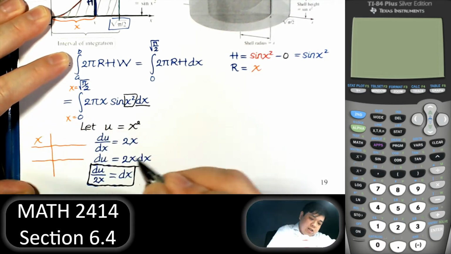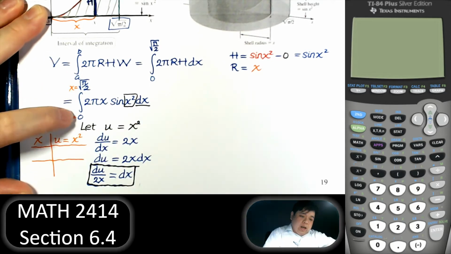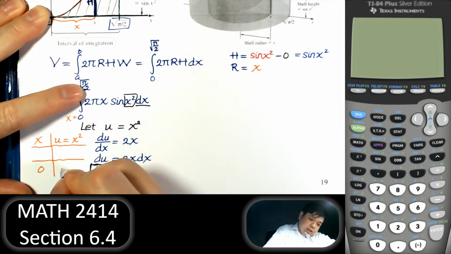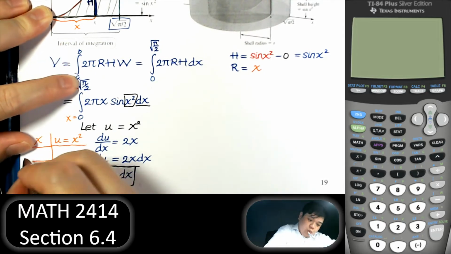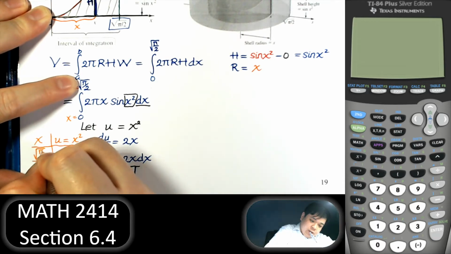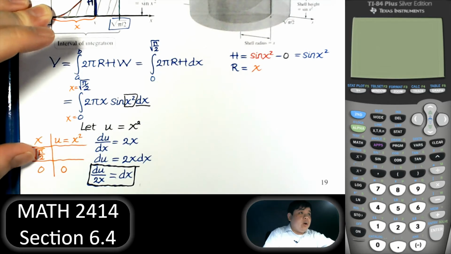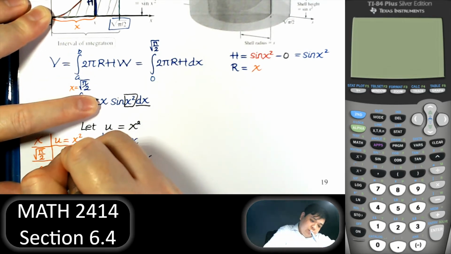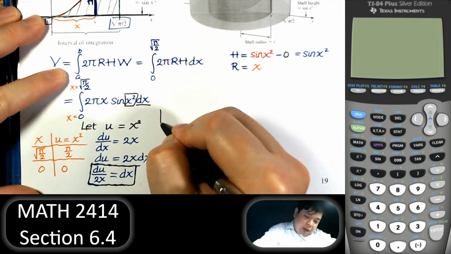We have x, and then we have u equal to x squared. When x equals 0, u equals 0, since 0 squared is still 0. And when x equals square root of pi over 2, u will be the square of that, and the square undoes the square root, so just pi over 2. So we change the limits, and substitute back into our problem.